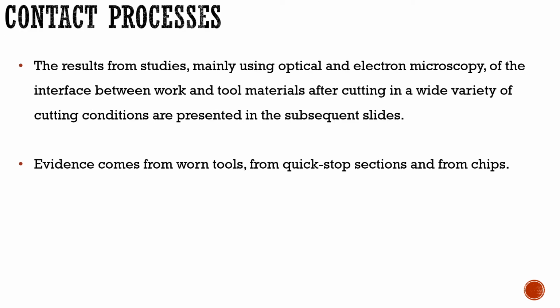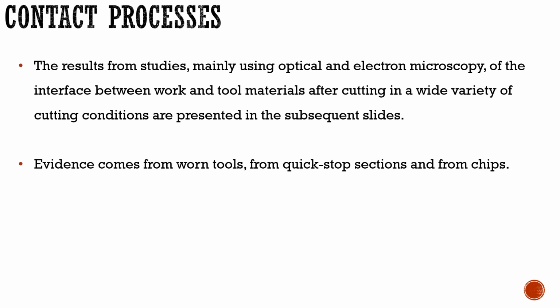The conclusions presented here are deduced from plenty of research studies, mainly by optical and electron microscopy, of the interface between the work material and the tool after it has been used in a wide variety of cutting conditions, which you will see in the subsequent slides.